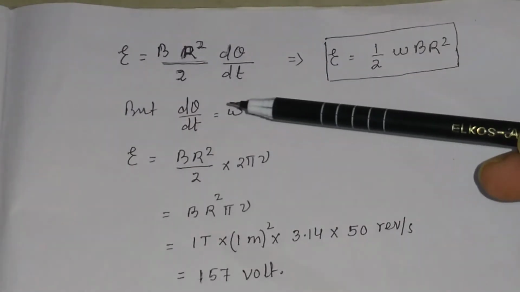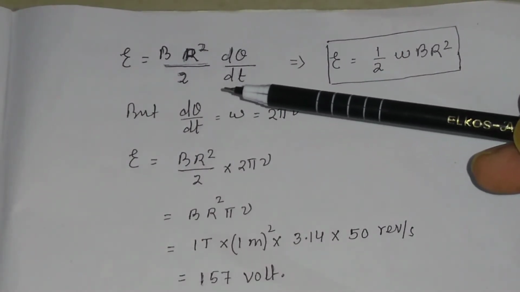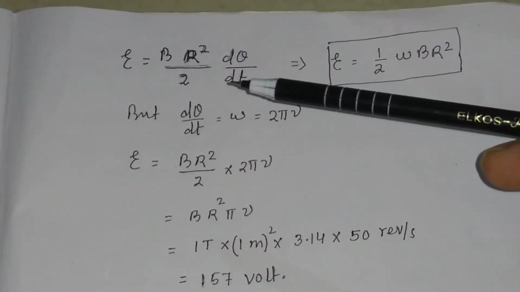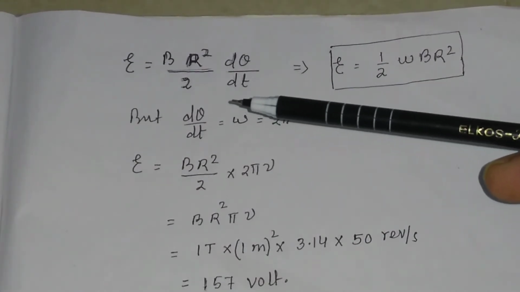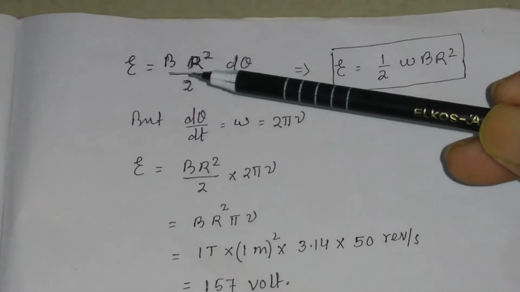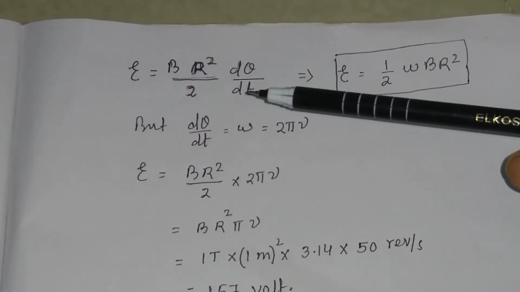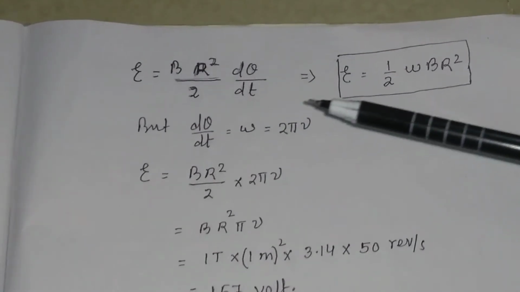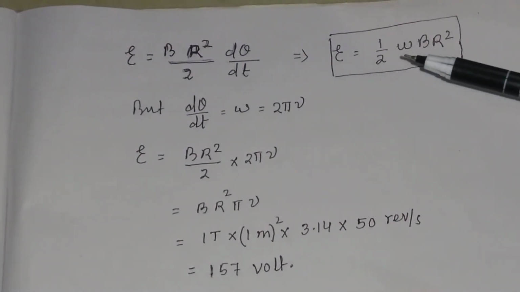So the EMF will be equal to d by dt of phi B. If you substitute, phi B is equal to B into area, that is B into r square by 2 into d theta by dt, then it will be equal to half into d theta by dt, which is omega.